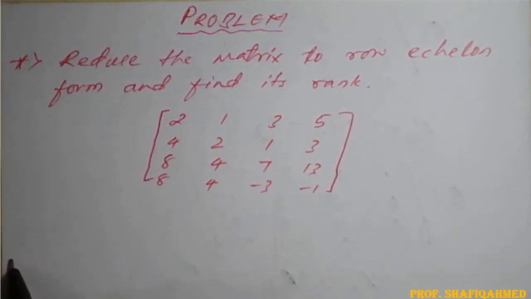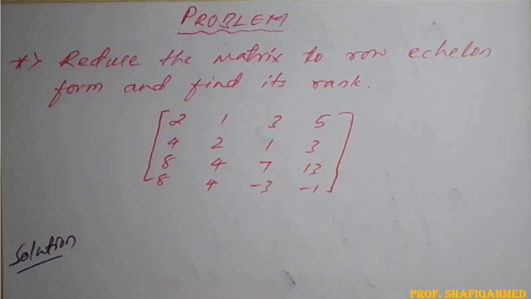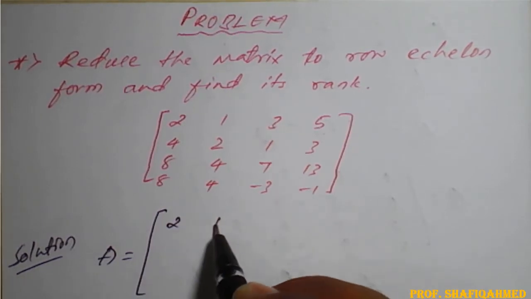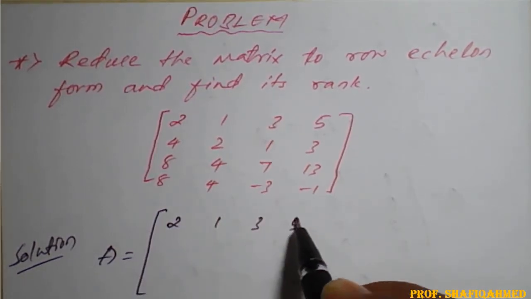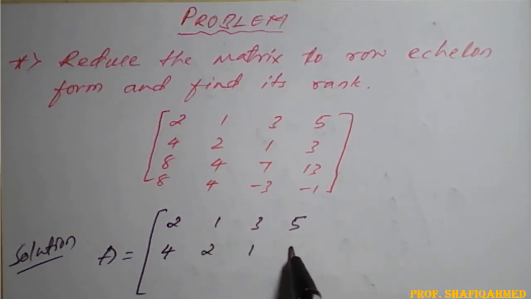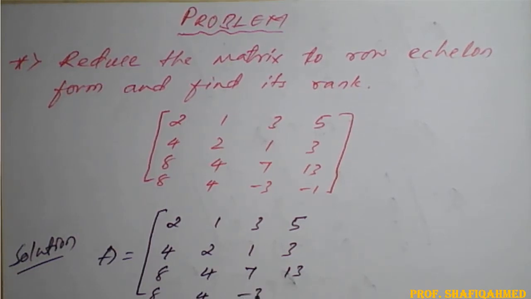So solution for this matrix, we will say matrix A equal to 2, 1, 3, 5, 4, 2, 1, 3, 8, 4, 7, 13, and last row is 8, 4, minus 3, minus 1.